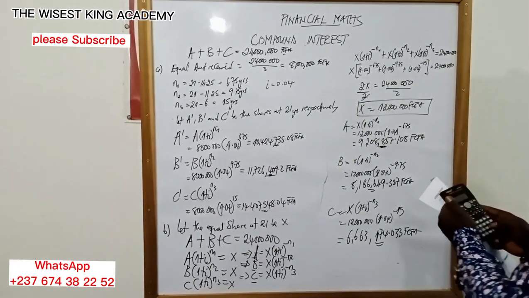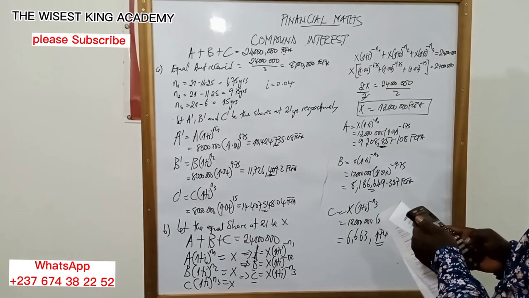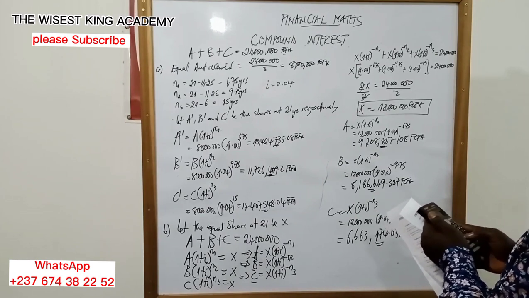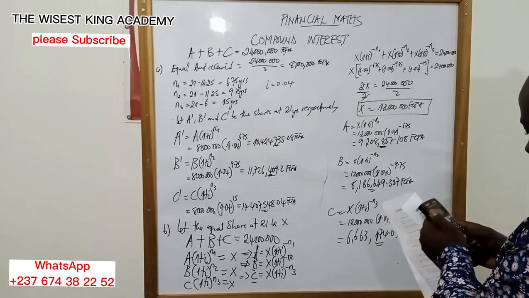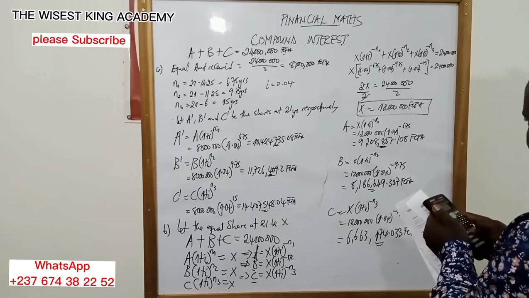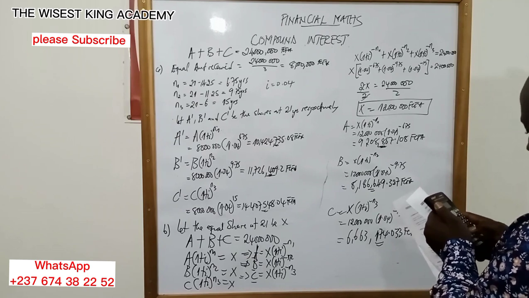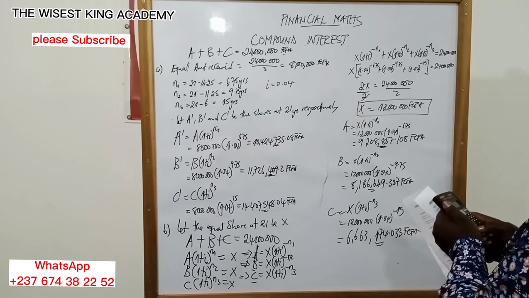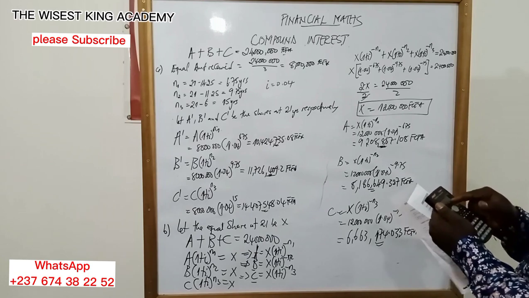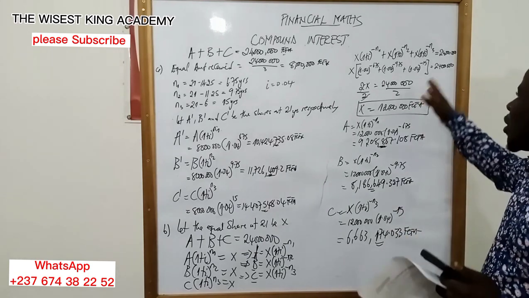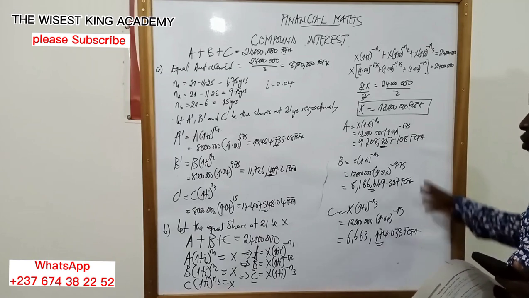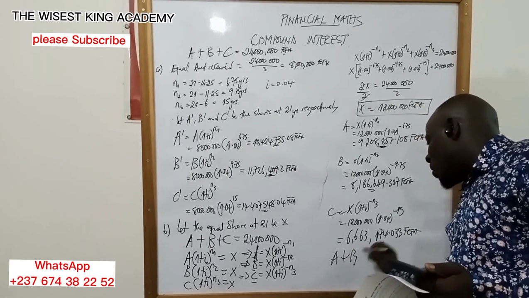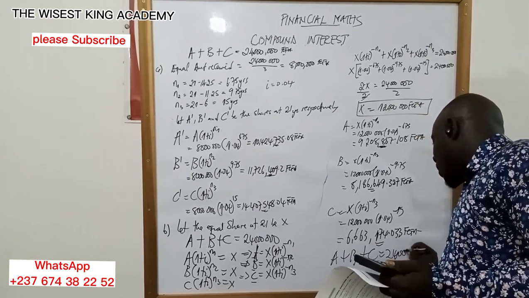So, if we want to confirm our answer, we add 8,186,649.327 plus 9,208,867.108 plus the last one, that is 24 million and something. Why? Because we actually rounded up and round down. So A plus B plus C is actually 24 million francs.